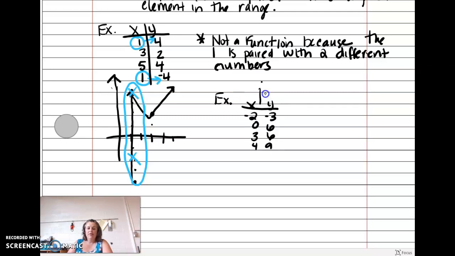We can see the -2 goes to -3, the 0 goes to 6, the 3 goes to 6. We have two different numbers going to 6, which is fine. You just can't have the same number going to a different number. And then the 4 goes to 9. So this one is a relation and it's a function.